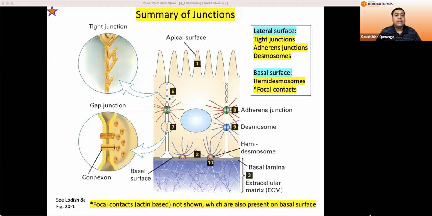This is number one. And the second function for this is that they actually compartmentalize the transporters. There are unique proteins which are found only in the apical surface, and there are some unique proteins that are found only in the basolateral surface.